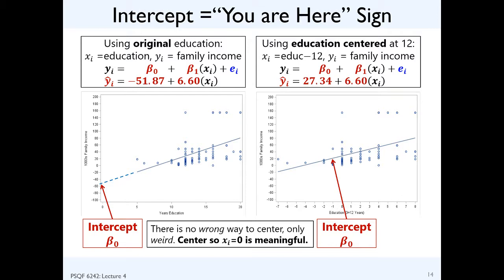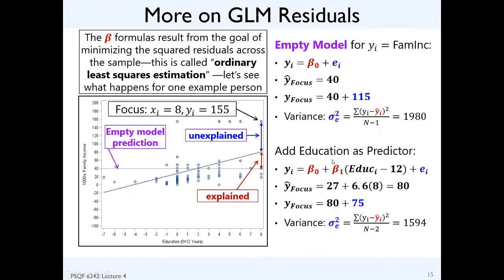If I pick a point where people know what that means, like 12 years, then that has reference even outside of the study. Because mean education in a study could be 17 years, it could be 8 years. It's sample specific. So I'm recasting my education variable so that 0 is now 12. And this is what it would look like to fit the two models that we've talked about so far.